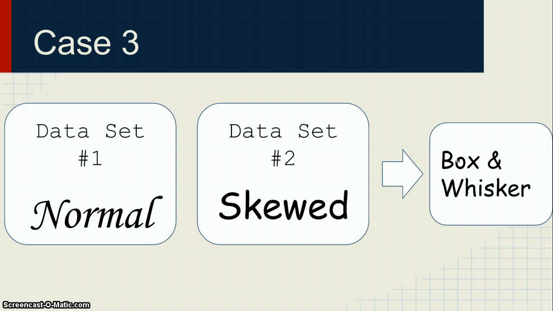If they're both normal, you need to give the standard deviation and the mean. And if one or both of them is skewed, you need to give the 5 number summary. That's all they're going to ask you to do. Look at both sets of data, determine if they're normal or skewed, and either give the mean and standard deviation or the 5 number summary based on that information.